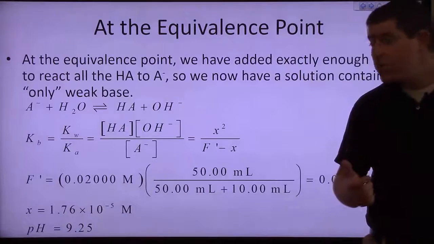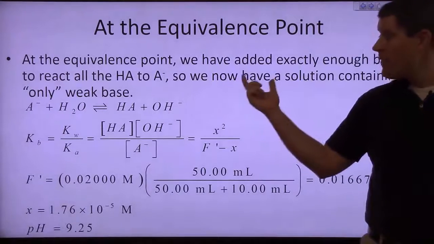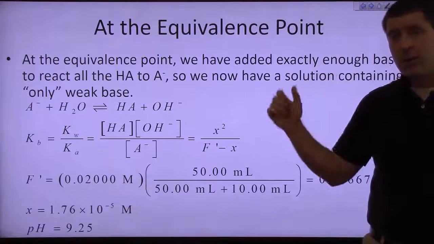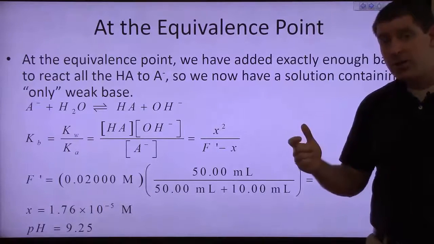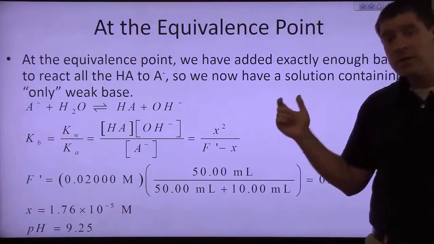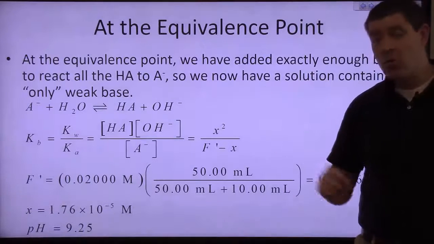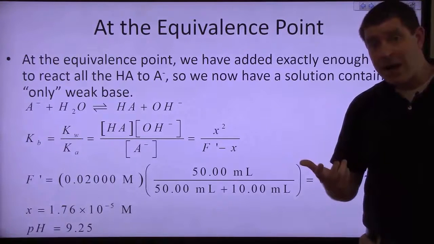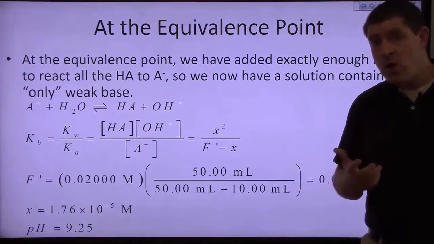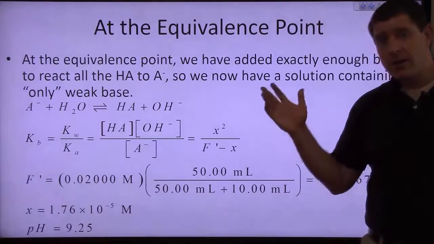Then in our third regime, at the equivalence point, we have added exactly as much base as we had acid. That means we have deprotonated virtually all of our HA to the A minus form. And this means that we now have a solution that contains only our weak base. In other words, we have a solution that we could have simply made by just adding our A minus, our weak base, to the solution. We know how to solve an equilibrium problem involving a weak base.